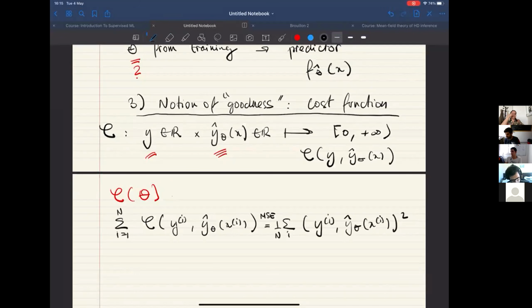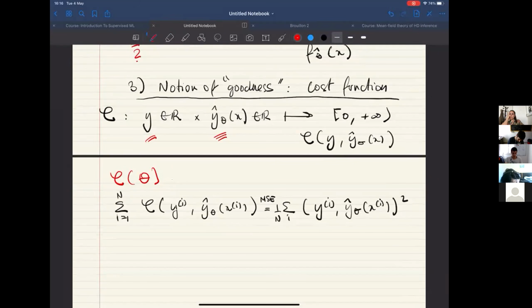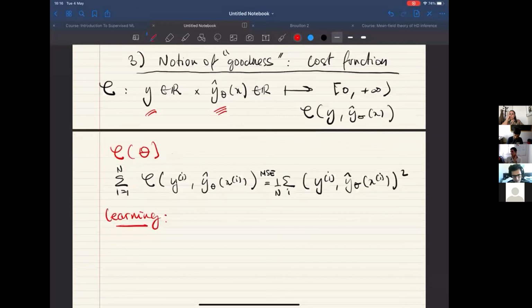And once we have defined this notion of goodness, we are ready to set up the learning problem. And learning becomes what? Becomes finding the parameters, and these parameters will depend on the data, which will be the minimizer of the cost, okay?